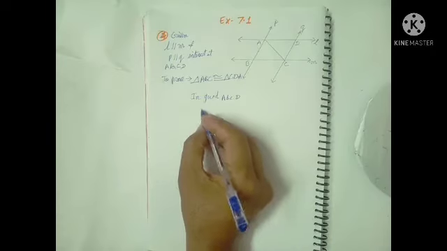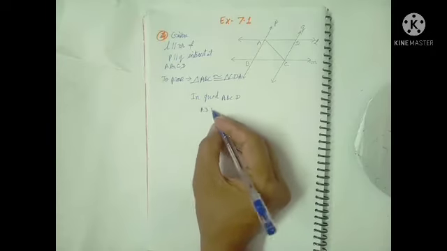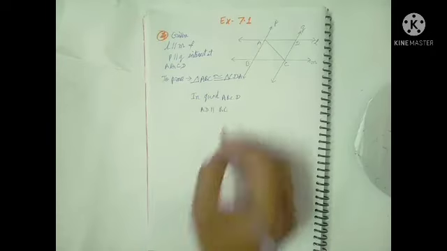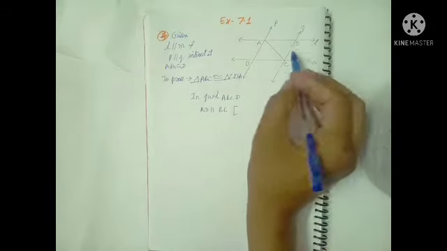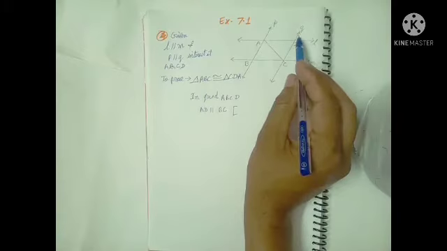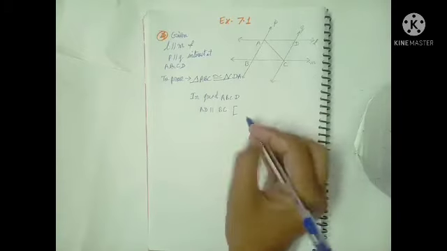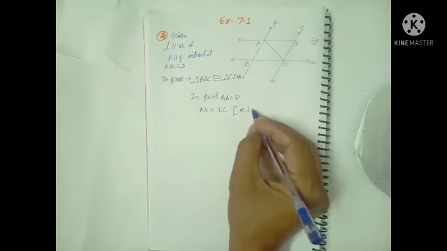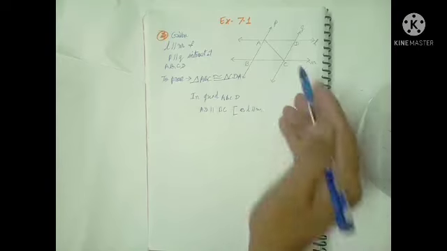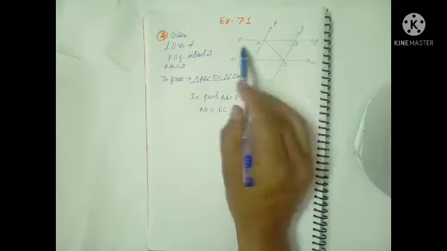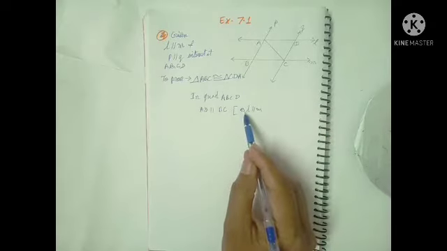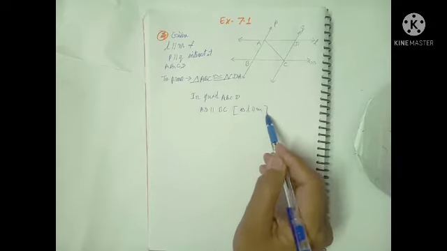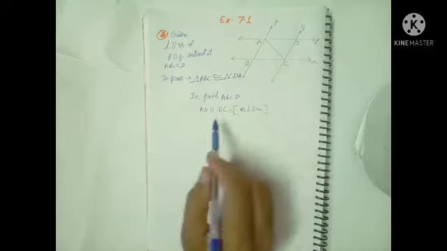We observe here AD parallel to BC. Why AD parallel to BC? Because P parallel to Q, L parallel to M, and you know that AD is part of L and BC is a part of M. So if L parallel to M, it means AD parallel to BC.